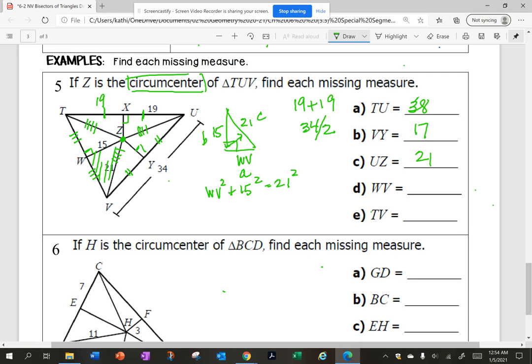I'm using the Pythagorean theorem here. So I'm going to subtract 15 squared from both sides. So I get W to V squared equals 21 squared minus 15 squared. And then I want to take the square root. So I get W to V equals 14.7.